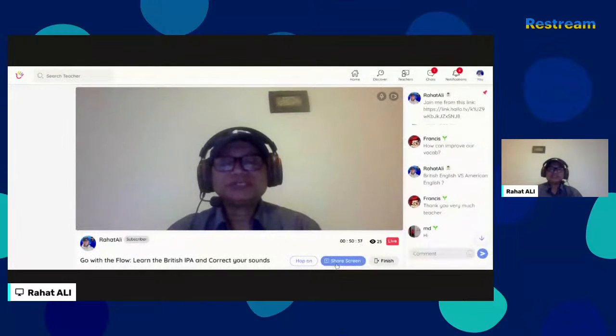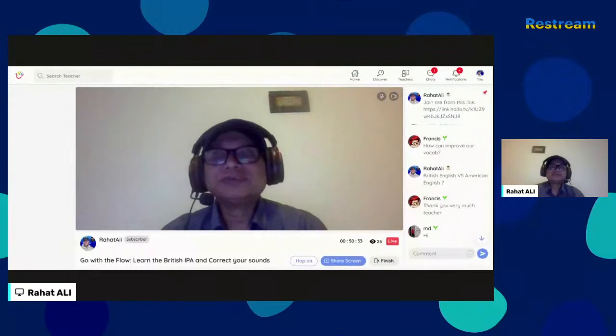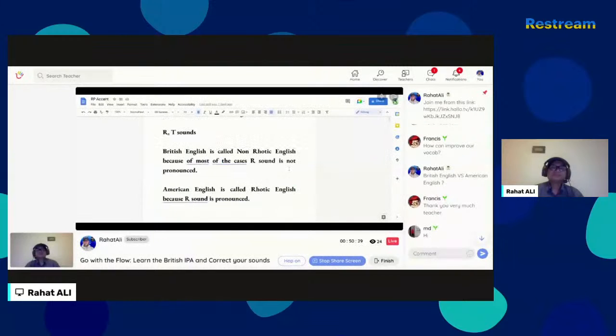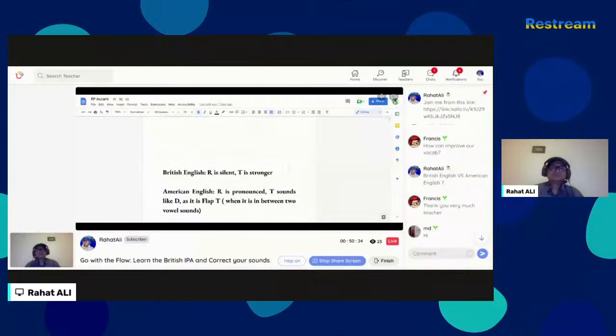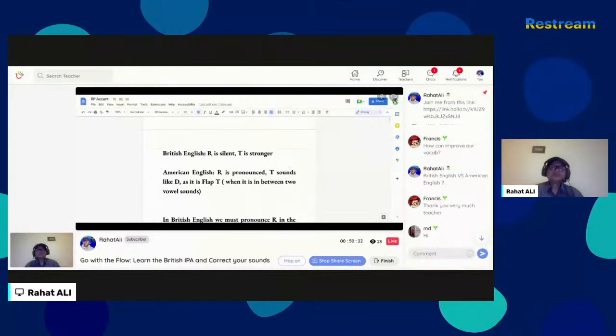Let me share the screen so that it's easier for you to understand. You see, I've just explained. So in British English, R is silent, as I said, and T is stronger. T has three sounds: ta, cha, and sha.